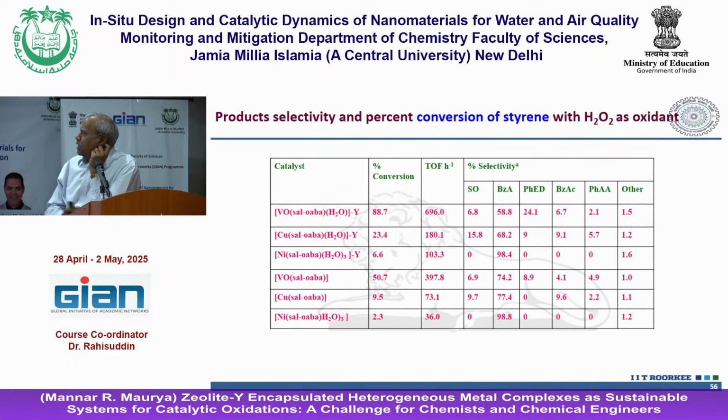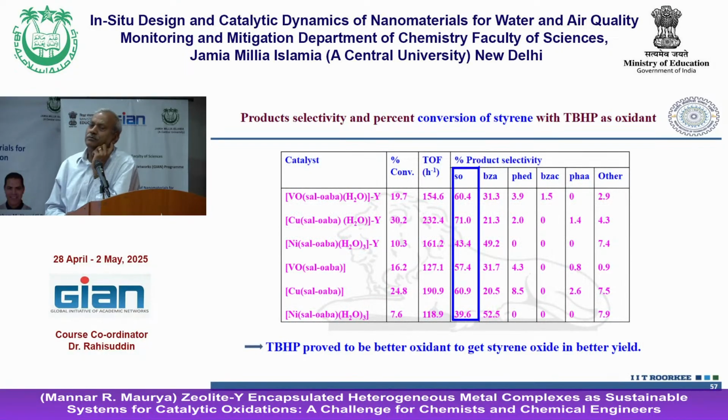But here you will find something different. When we have this ligand, orthohydroxybenzyl condensed with acetaldehyde, making the vanadium and copper catalyst, we do this epoxidation with styrene, and here we have taken TBHP, tertiary butyl hydroperoxide.